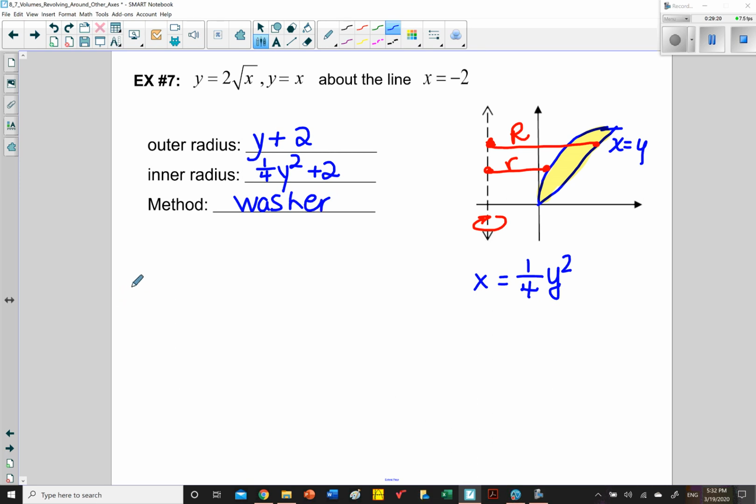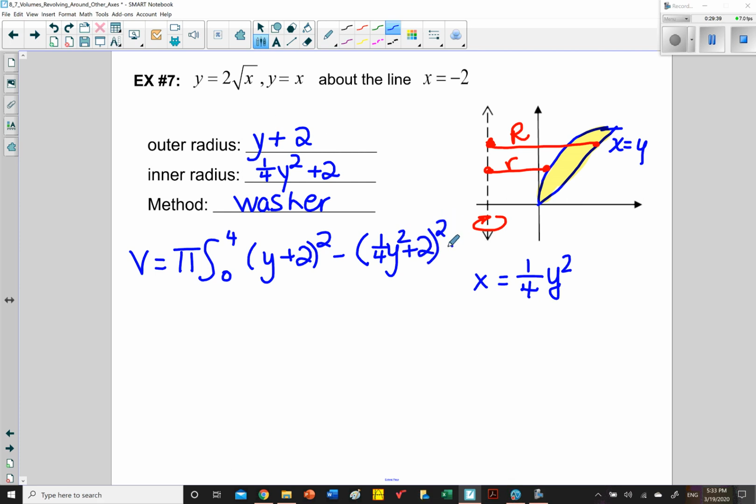The volume will go from 0 to 4, and we'll have y plus 2 squared minus 1/4 y squared plus 2 squared dy.